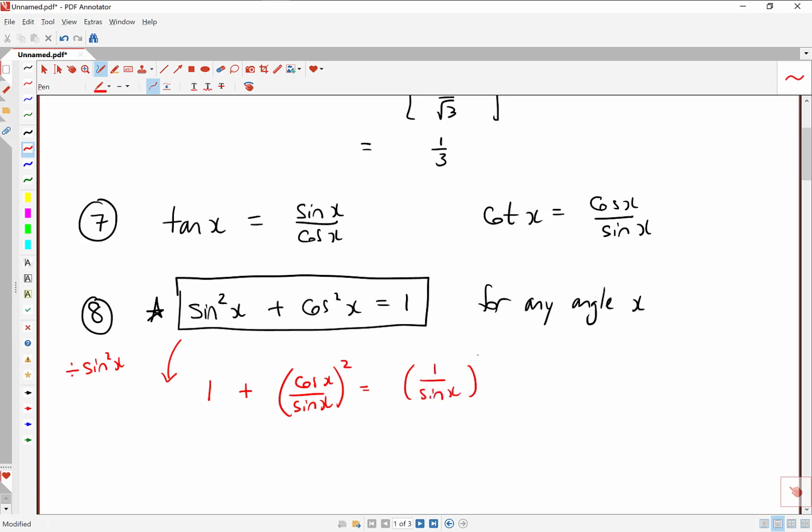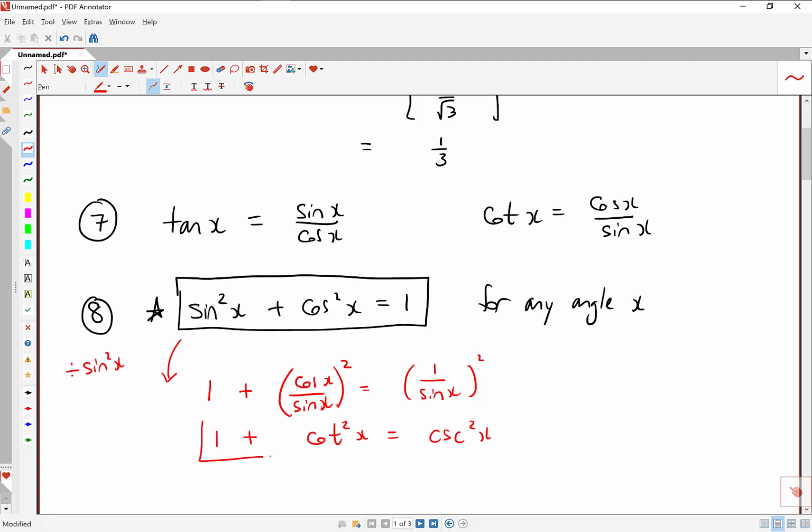So it's 1 over sine x all squared. That leads us to write 1 plus, this is really cotangent x all squared, so we'll write that as cotangent squared x. And on the right side, we've really got cosecant x all squared, which we'll write as cosecant squared x.